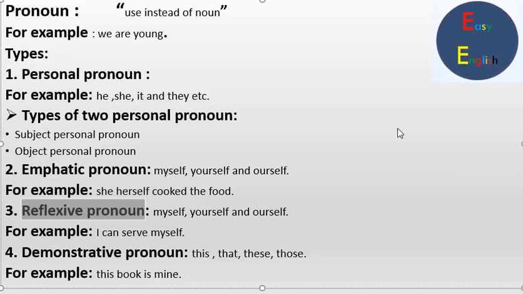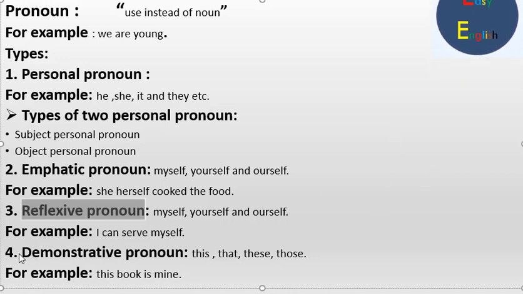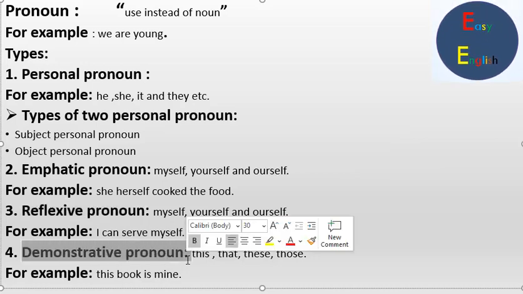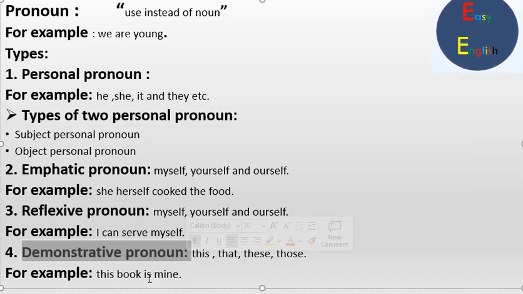Next one is demonstrative pronoun. What is meant by demonstrative pronoun? Demonstrative means pointing out. So we can define it as the pronouns which are used for pointing out the subjects being referred to.